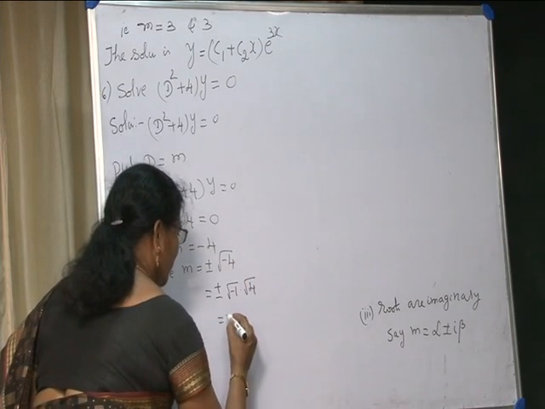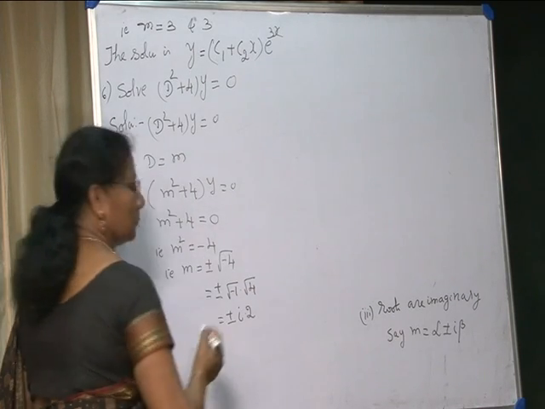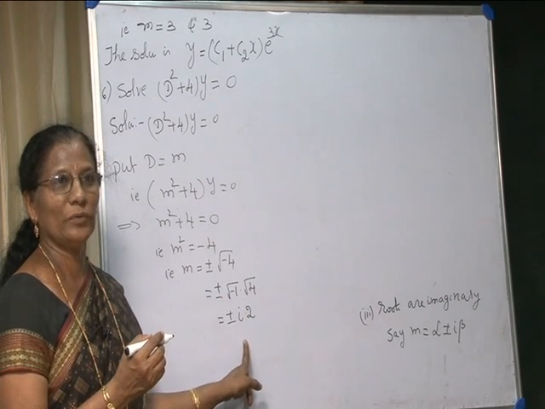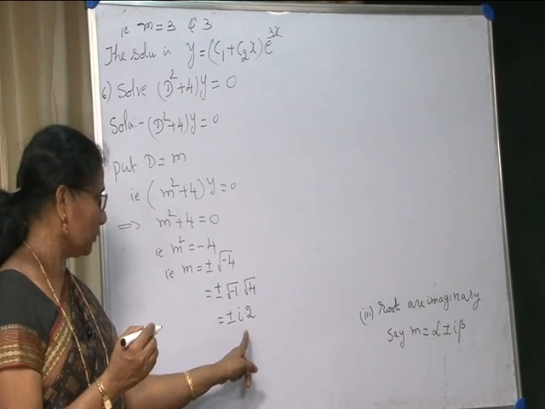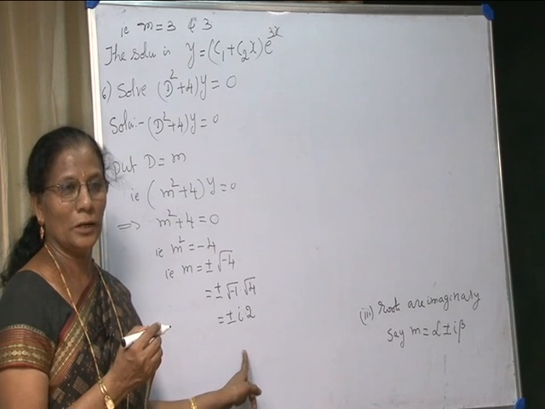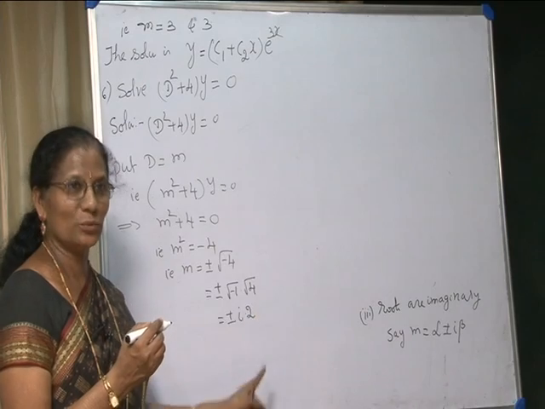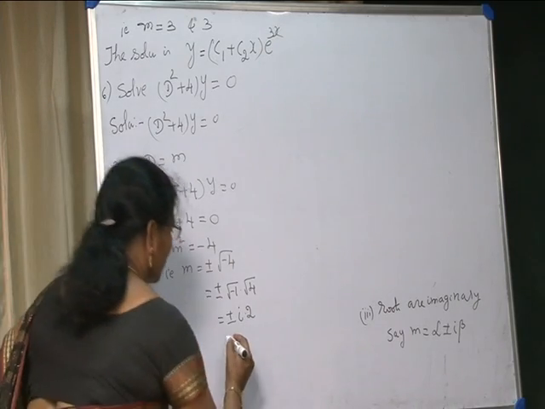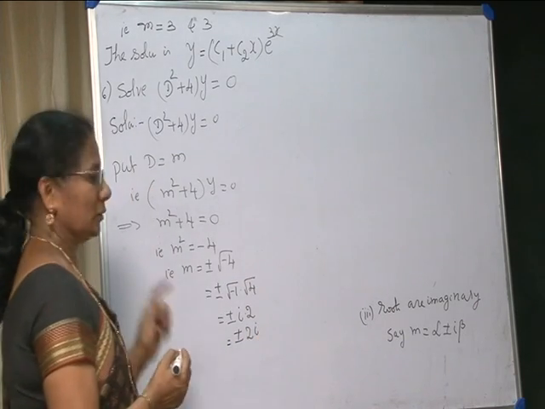Root minus 1 is equal to i. This you have studied in your previous class, I think so, 9th standard or 10th standard. Root minus 1 is equal to i, that is why it is called imaginary root or complex number. That is why root minus 1 can be indicated by i. This is equal to plus or minus 2i.